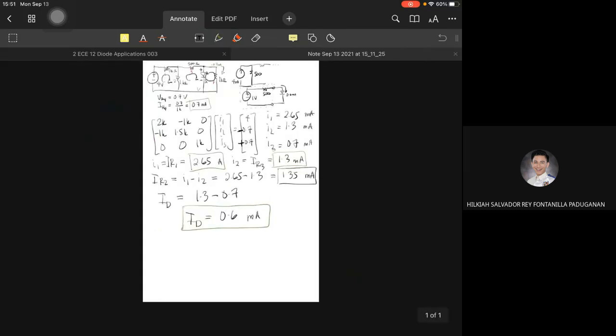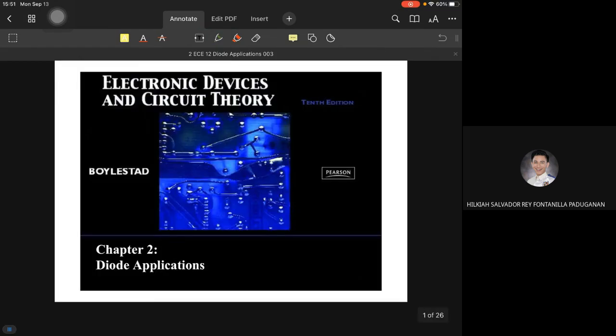But the applications of diode circuits are more interesting if the sources are AC, or alternating. We call those applications wave shaping. Circuits that handle AC sources are wave shaping circuits, which process or manipulate in some form the input signal or input waveform. That's why they are called wave shaping circuits.